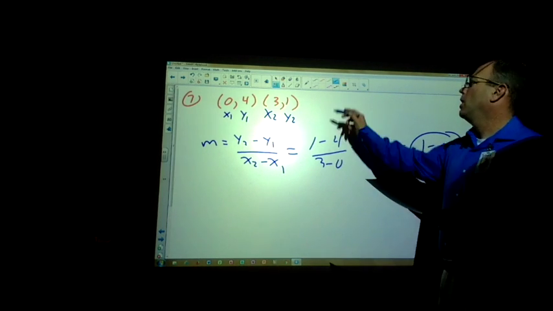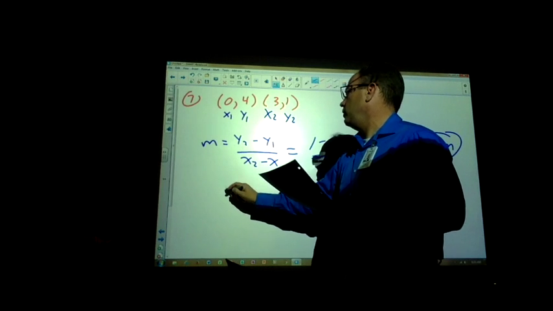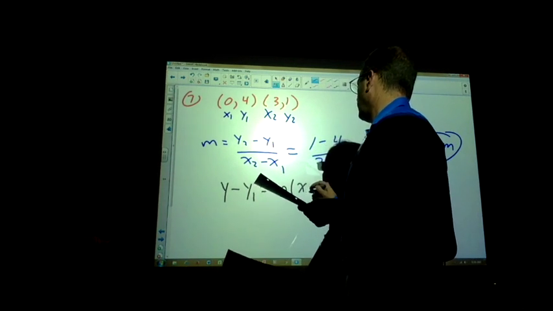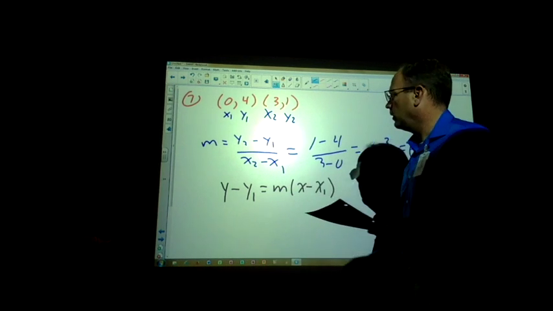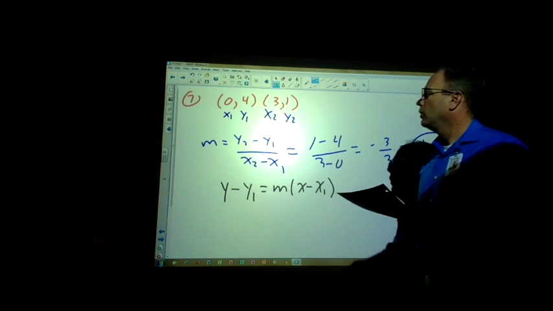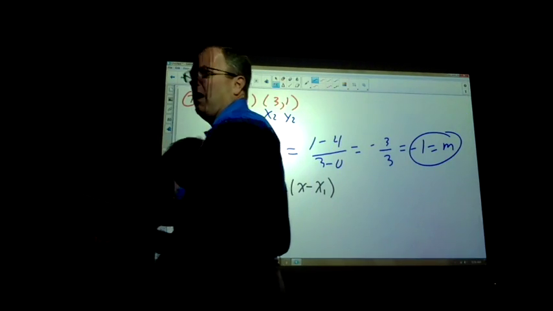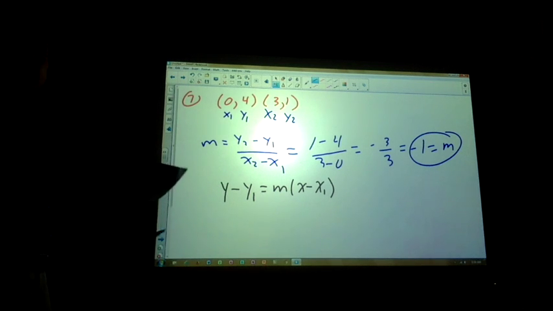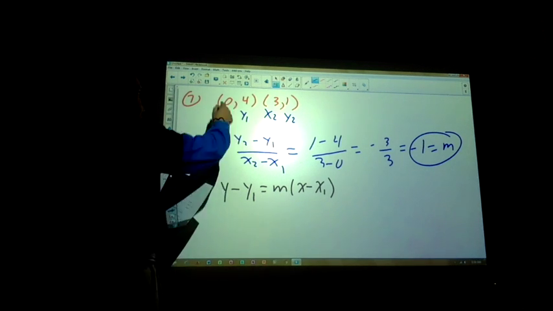Are we done? Nope. Now I need to use point slope. Point slope will be somewhere on the test. You've got to figure out where to find it, where to use it. We already have this y-intercept. Oh, we happen to do. Cool. So we do have the y-intercept. So just in case you didn't see it, cool. We'll just do it this way. But you're absolutely right. We have the y-intercept given because that's 0.